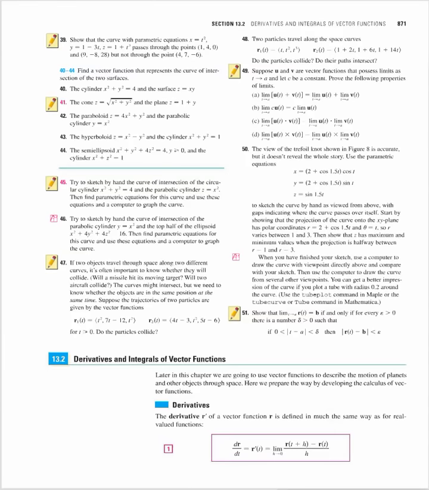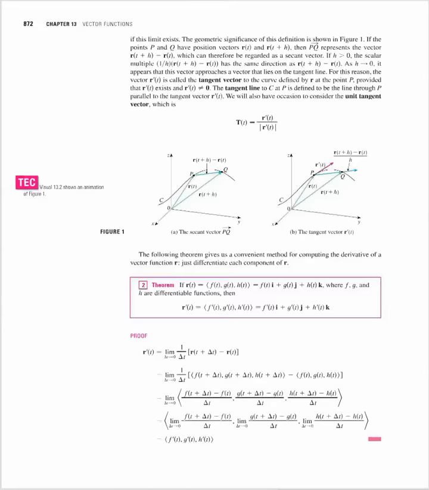Moving on to section 13.2, derivatives and integrals of vector functions. Really a very, very straightforward section. To take a derivative of a vector function, you take the three derivatives of its component functions and move on with your life.